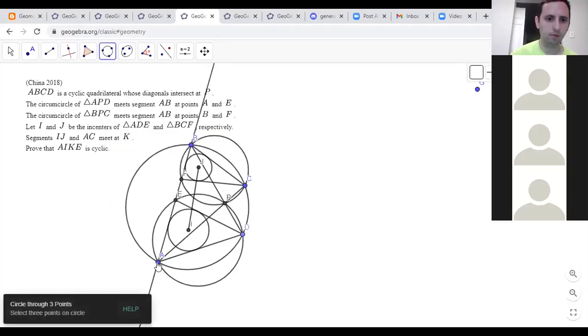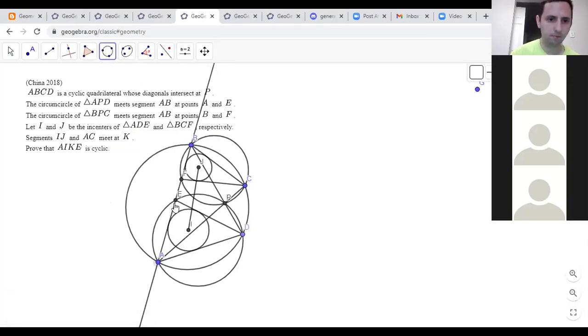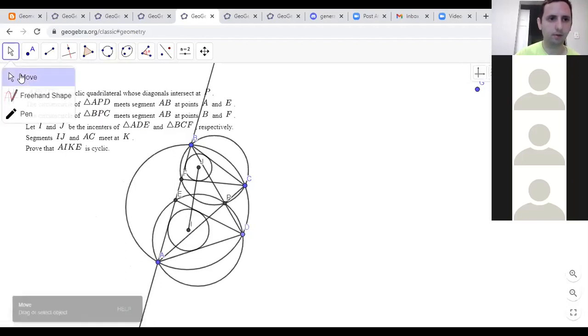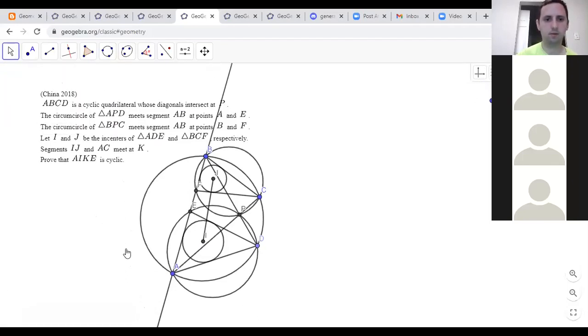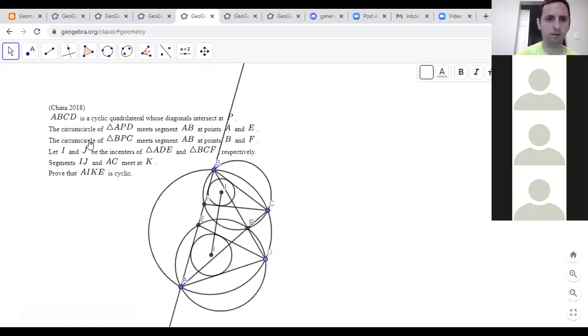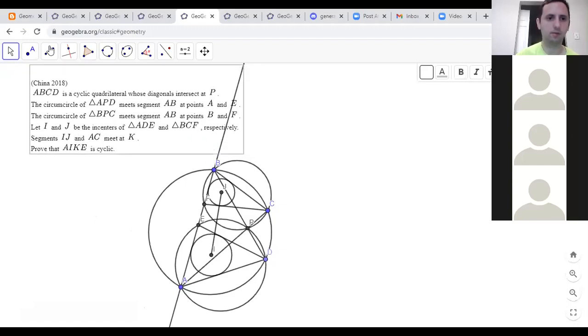So yeah, that's weird. I'll just assume AB is bigger than CD, like that. And then it kind of looks like it's true. So maybe it's just a configuration thing.